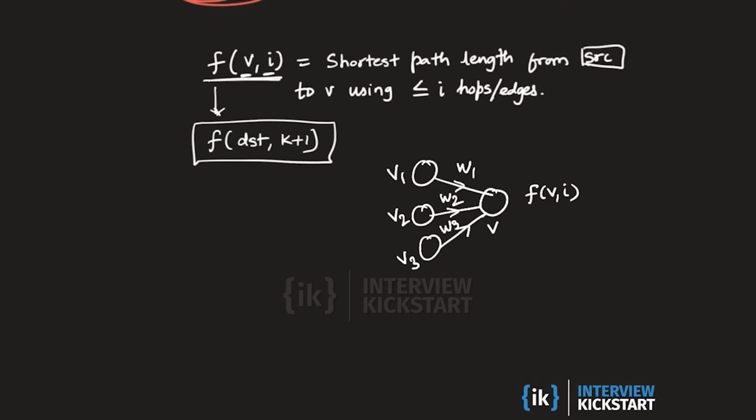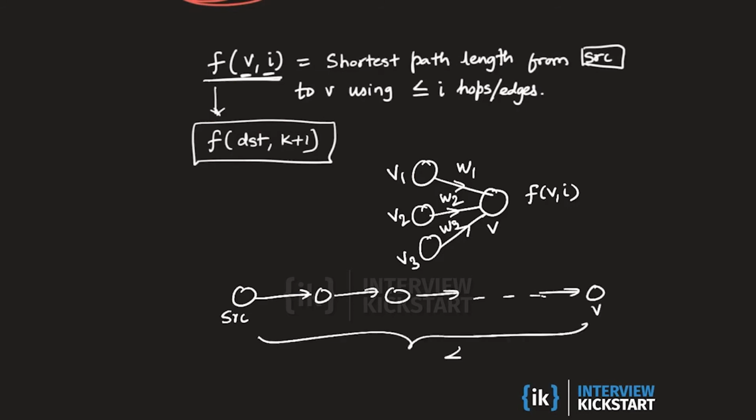Well, I would look at the fact that any shortest path from the source leading up to this vertex v using less than or equal to I edges would either have to come into v from here, from v1, or from v2, or from v3. It has to be one of those 3.